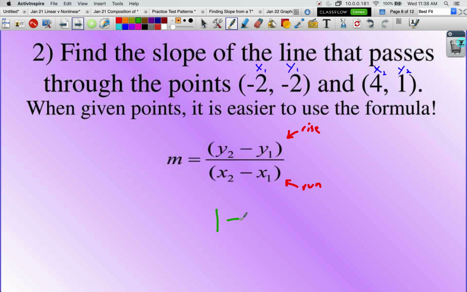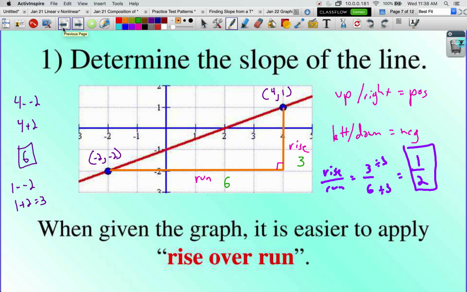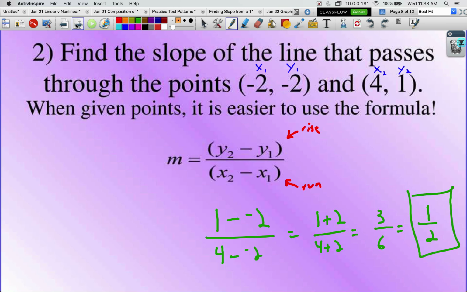Write the minus from the formula, then look at y1. y1 is also negative, so that's why we get a double negative here. x2 is a 4, minus x1 is a -2. Those minus and negatives will become addition symbols, and we get 3 over 6, which is 1/2. So those were the same 2 points as this one here, and we did get the same slope.